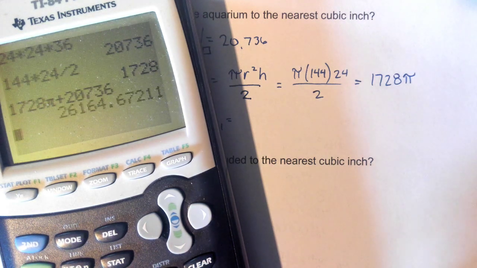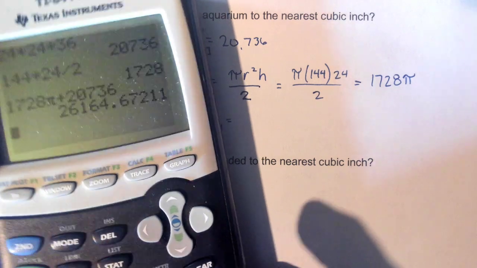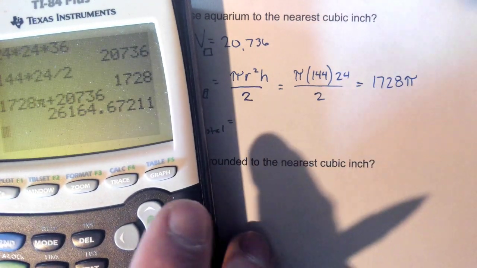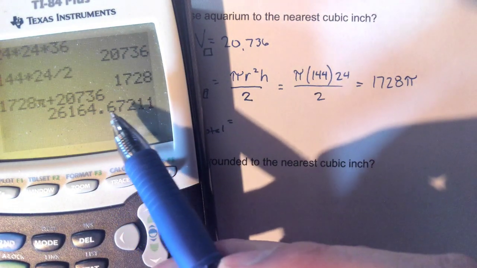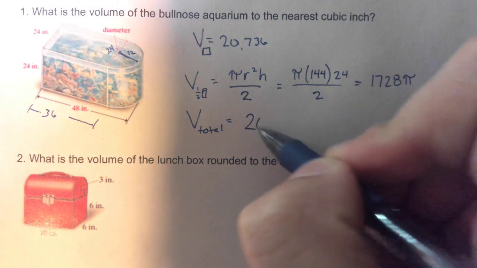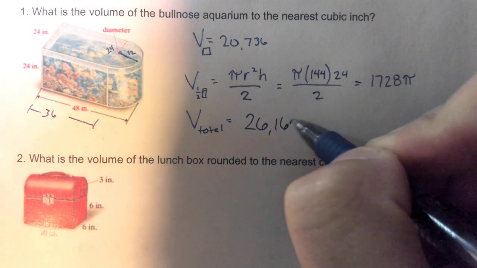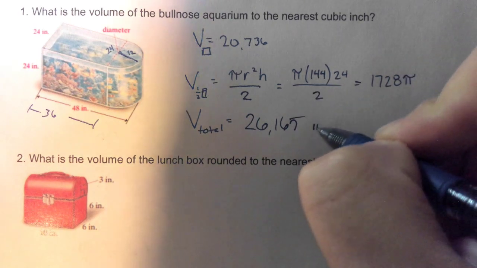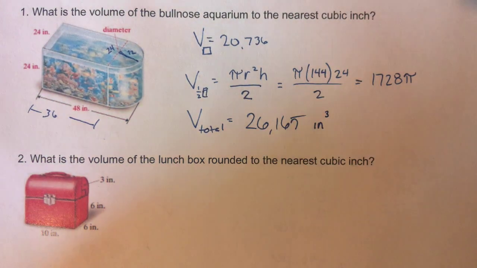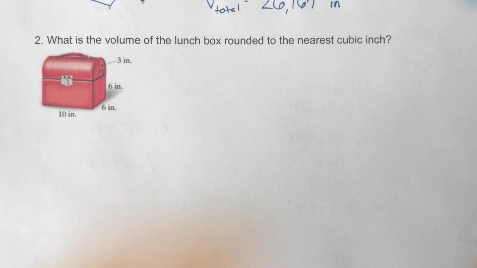Add those two things together. Rounded to the nearest cubic inches, 26,166. Rounds it up to 5. 26,165 cubic inches. Neat.